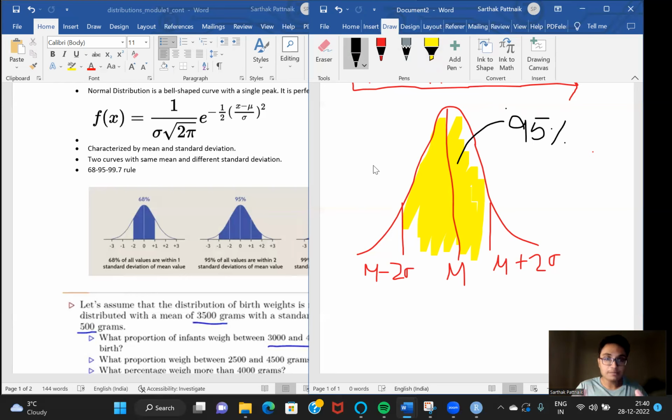All right. And similarly, if you go three standard deviations on either side, the total area in between will be 99.7%.